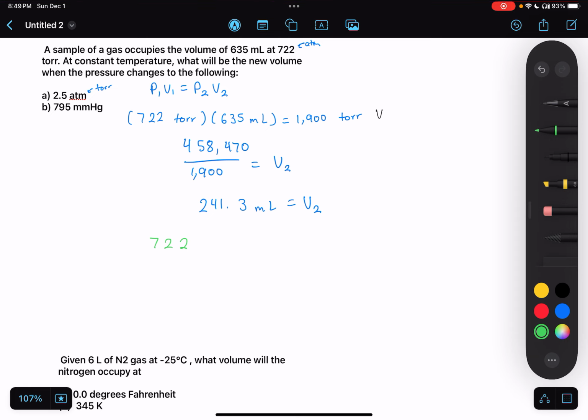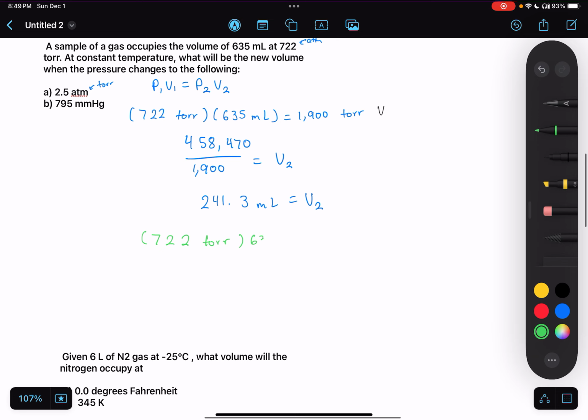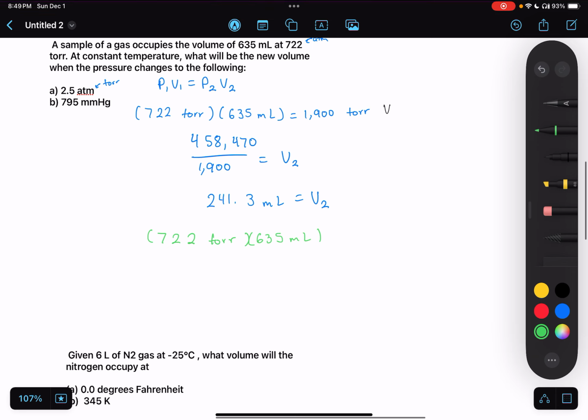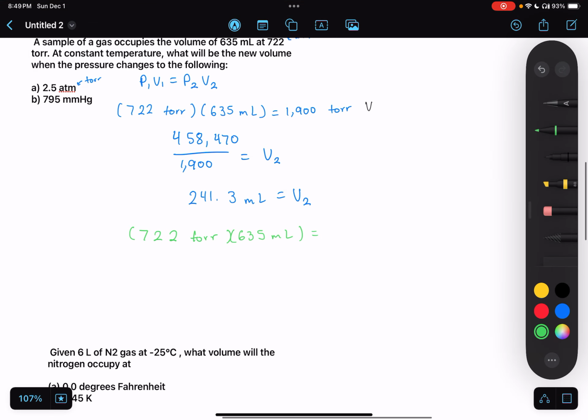We'll see what happens. Okay, so we got 722 torr times 635 milliliters, equals to 795 millimeters of mercury.